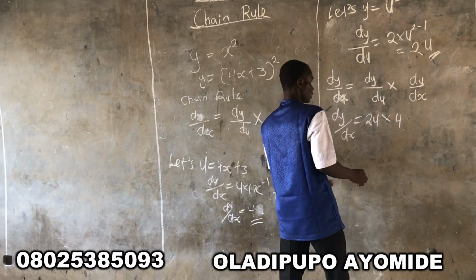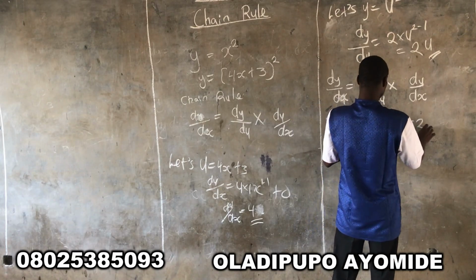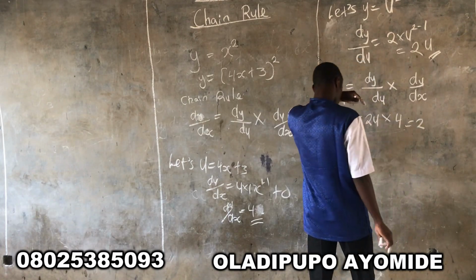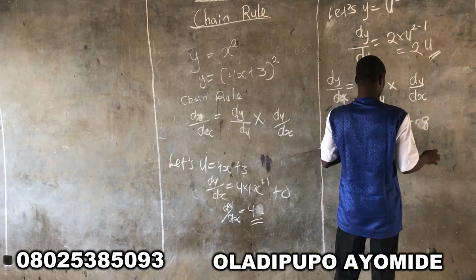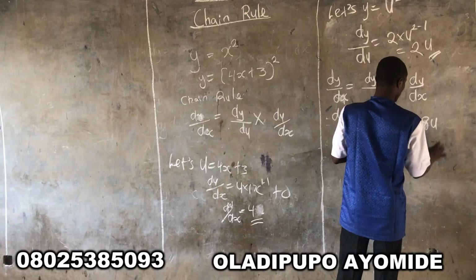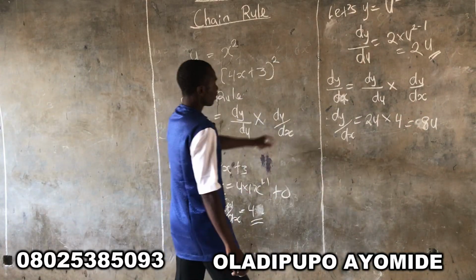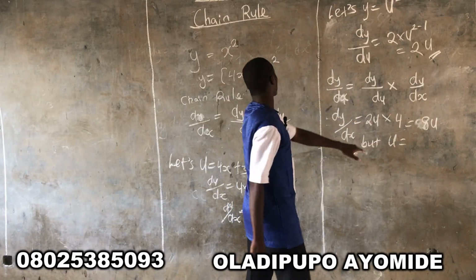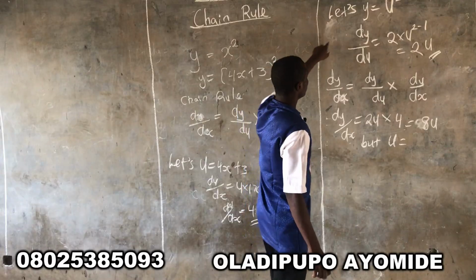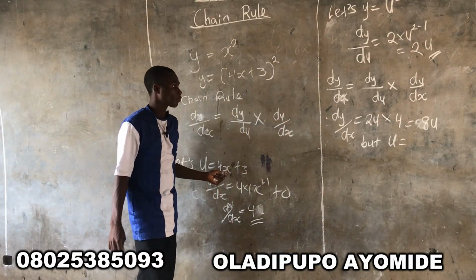Then our dy over dx is 2u times 4, which is 8u. But our u is equal to 4x plus 3.